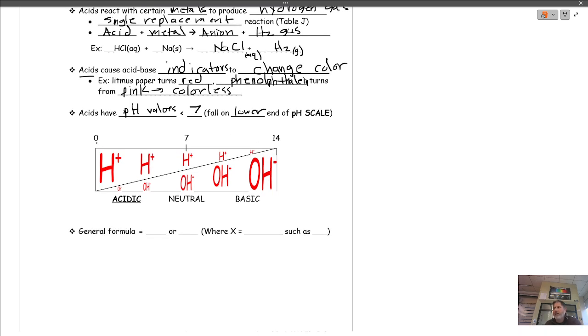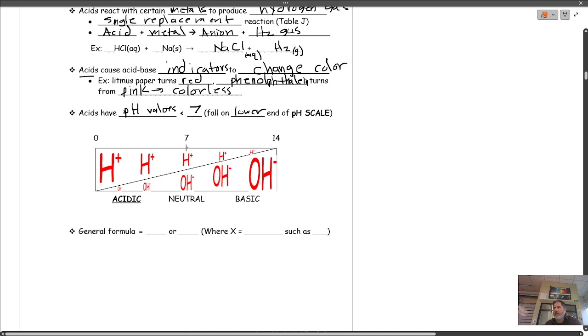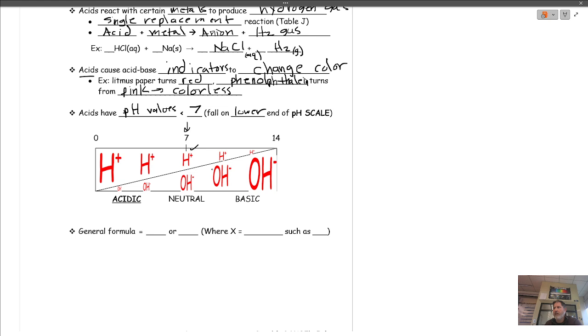It's a scale where 7 is neutral. You have an equal balance of hydrogen ions and hydroxide ions. But if you get more towards the acidic side, you get a whole bunch more hydrogen ions. And over here, you're dominated by hydroxide ions, and those are called bases. So you have an acid on this side and a base on this side, and in the middle is neutral.